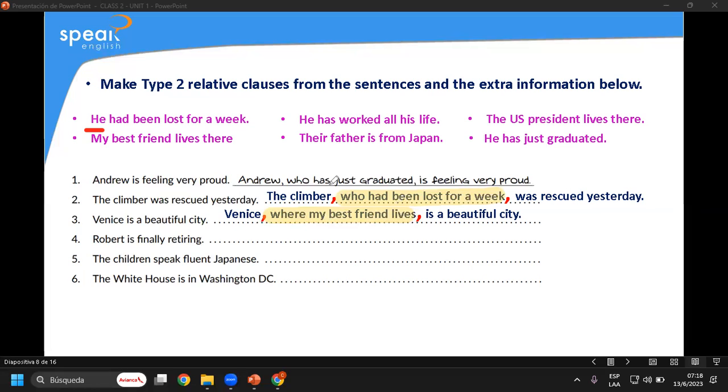Understood? Yes. So imagine if you say, I'm talking about this city, but I don't know exactly which city. Where my best friend lives. If I omit this clause, does the sentence still make sense? Yes, totally.